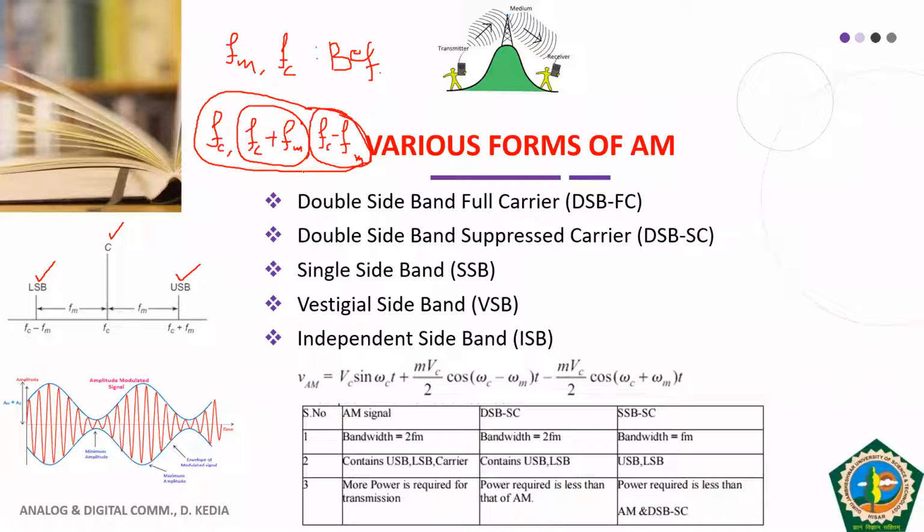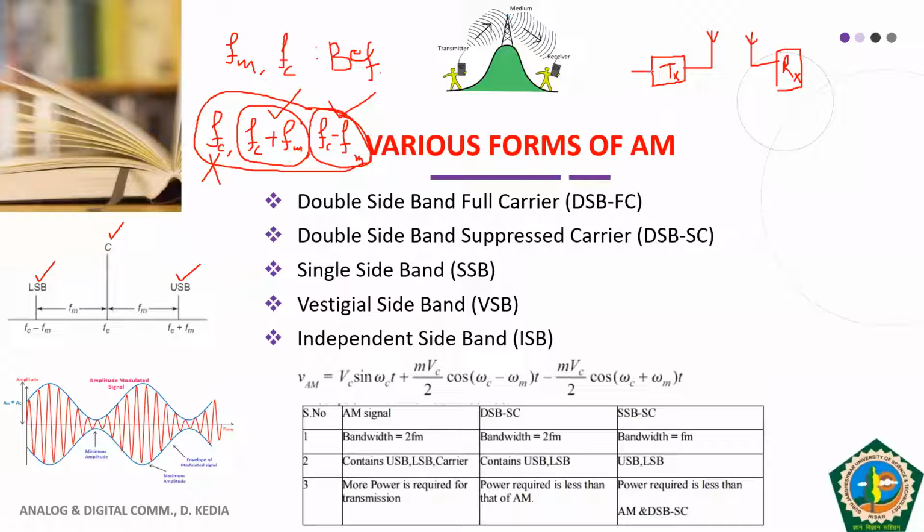Once we have got two higher frequencies, what is the need of FC? Basically, if we have a transmitter, see, this thing is happening at the transmitter only. It doesn't mean that I am now removing the carrier fully. Say we have a transmitter and a receiver.